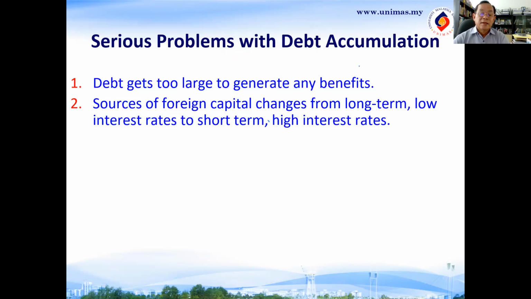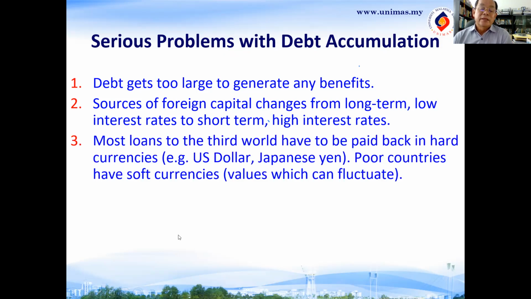Not only is it from long to short-term, but also with much higher interest rate. Jadi kalau interest rate ataupun bunga pinjaman tadi tinggi, maka paksa bayar lebih banyak lah, ya. The principal plus interest tadi, ya.